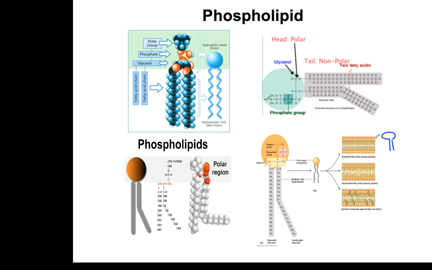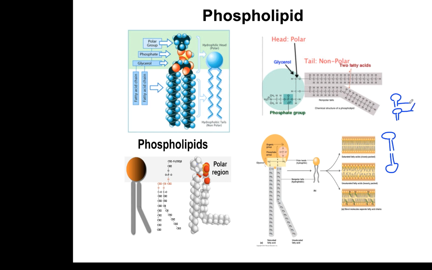So one layer of the plasma membrane and the other layer of the plasma membrane appear this way. The bilayer of a plasma membrane does not have this configuration. Why? Because this tail region is hydrophobic and the head region is hydrophilic.